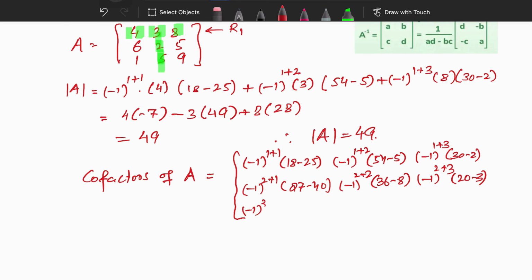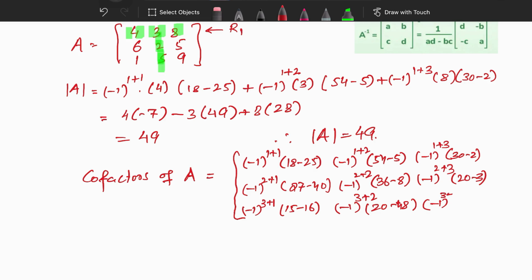Last row similarly, negative 1 power 3 plus 1 into 15 minus 16, negative 1 power 3 plus 2, third row second column, 20 minus 48.